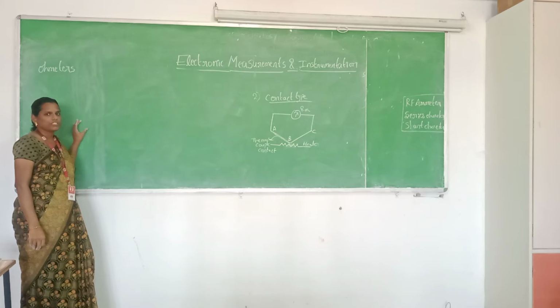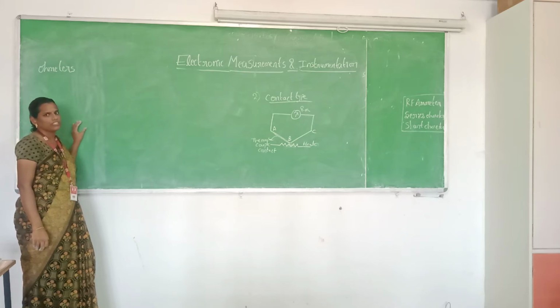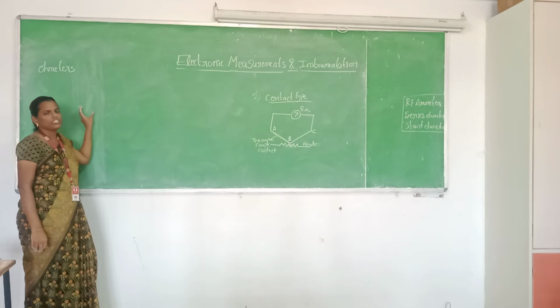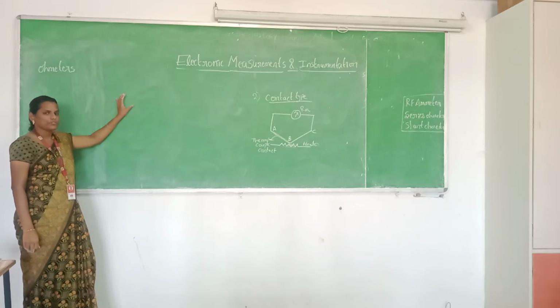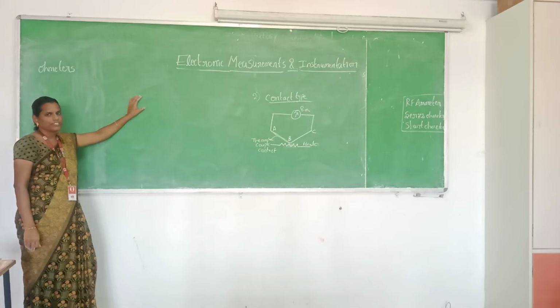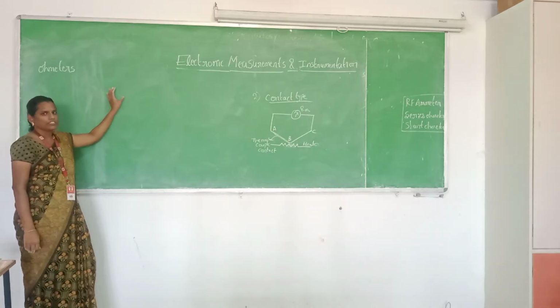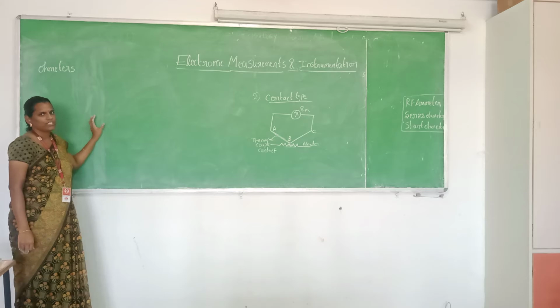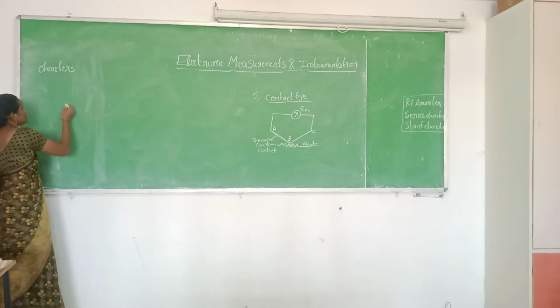This PMMC instrument is used to measure the current and the voltage. Now the PMMC instrument can also be used to show the value of an unknown resistance. To get the value of an unknown resistance, we are using these ohmmeters, which are of 2 types, series ohmmeters and shunt ohmmeters.